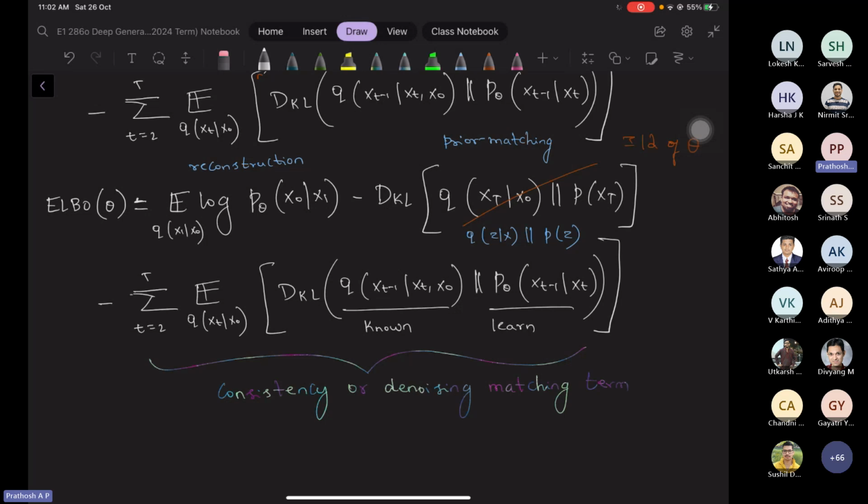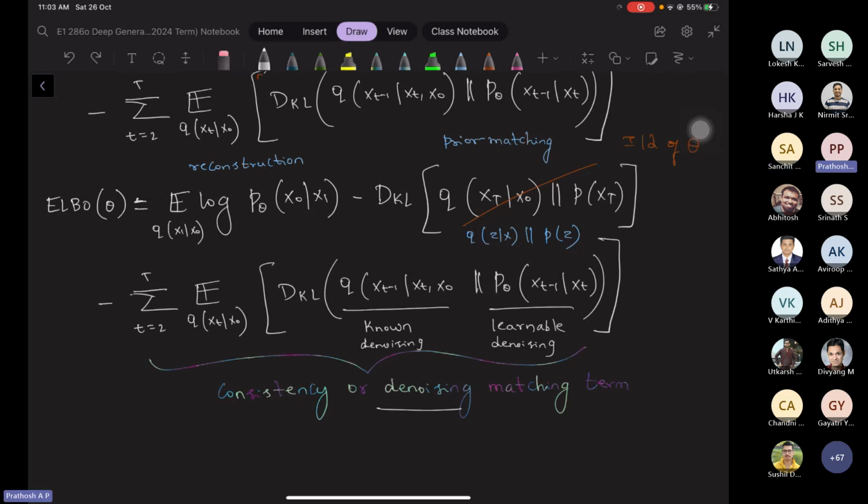And this is telling me that given xt, how should I go to xt minus 1? So if I match these two terms, this is actually matching denoising, right? This I can call matched denoising, and this is learnable denoising. We know how to denoise, and we are matching that denoising with the learnable denoising so that we can generate data.